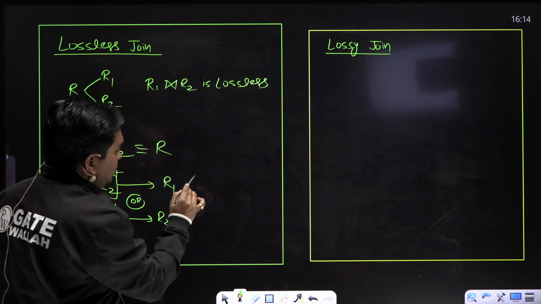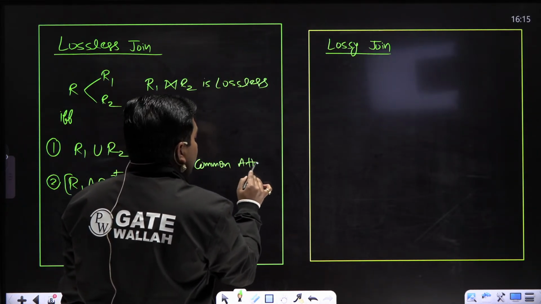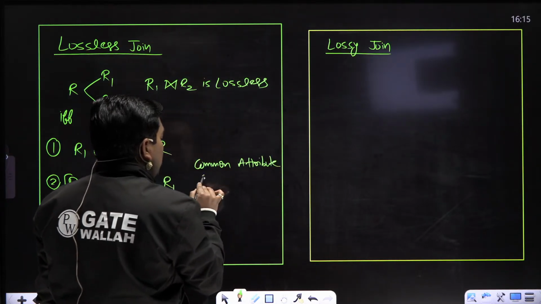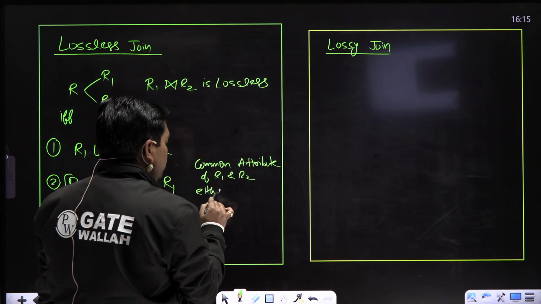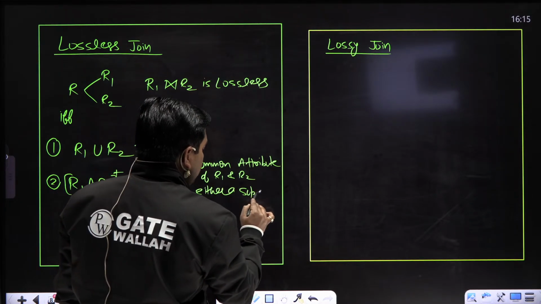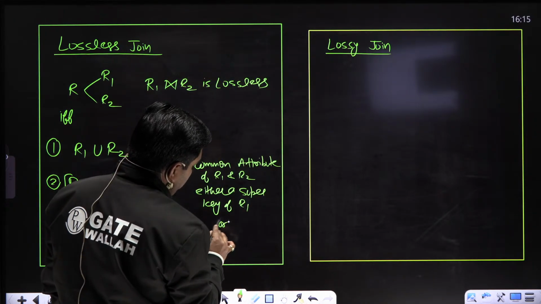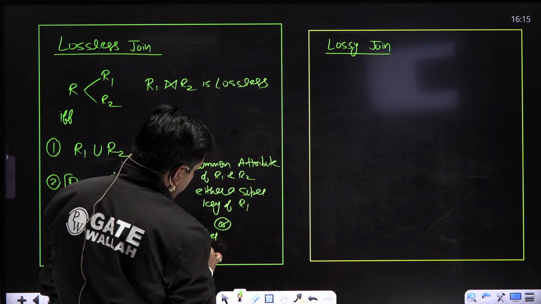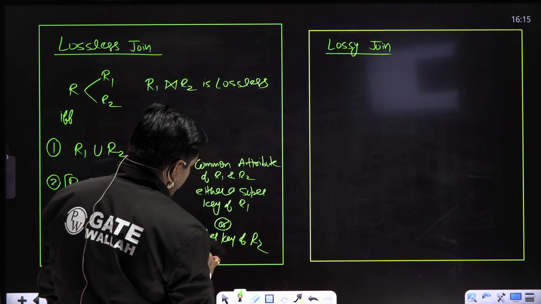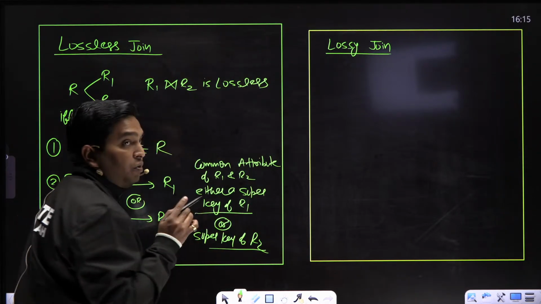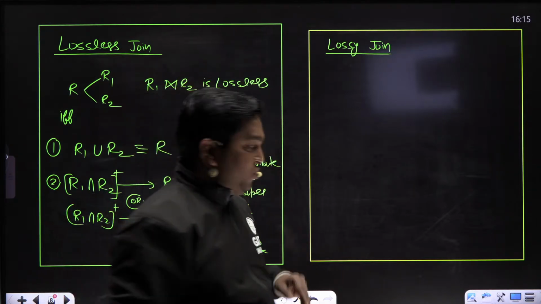That is, the common attribute of R1 and R2 is either a super key of R1 or a super key of R2. Clear, everyone? This is the concept for lossless join.